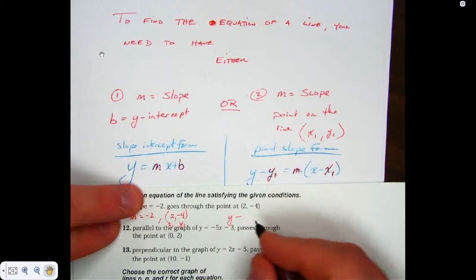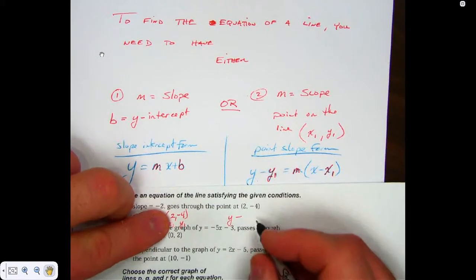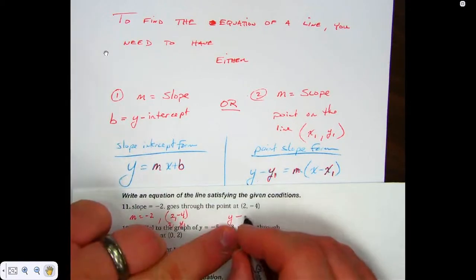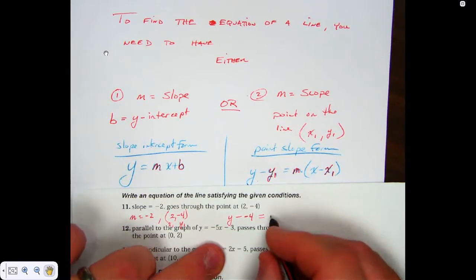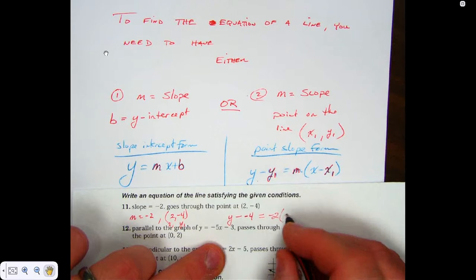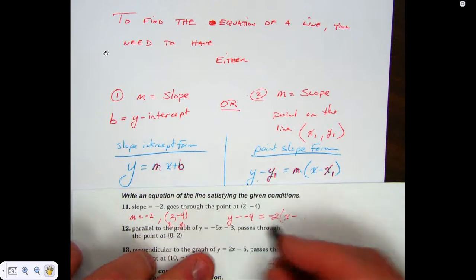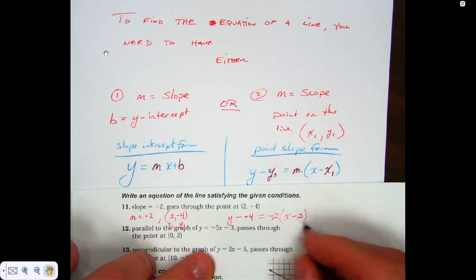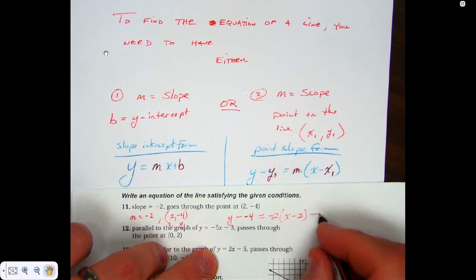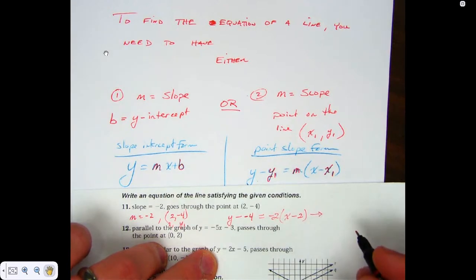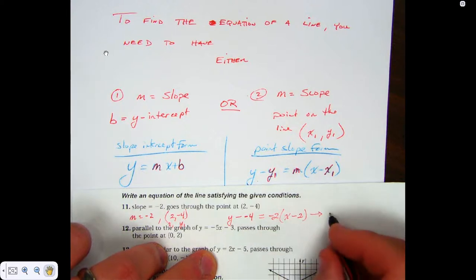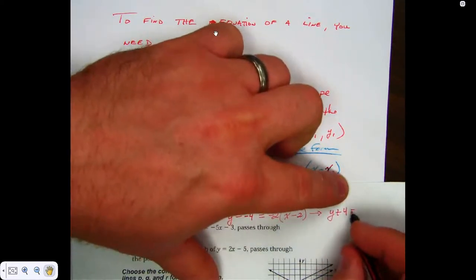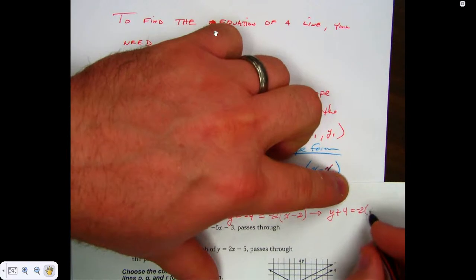I'm going to go y minus, what is my y1? -4 is equal to, what's my slope? -2 times parentheses, x minus, what is my x? 2. Is there any cleaning up I need to do here? Probably shouldn't have a minus a negative. So my answer should be y plus 4 is equal to -2 times (x minus 2).